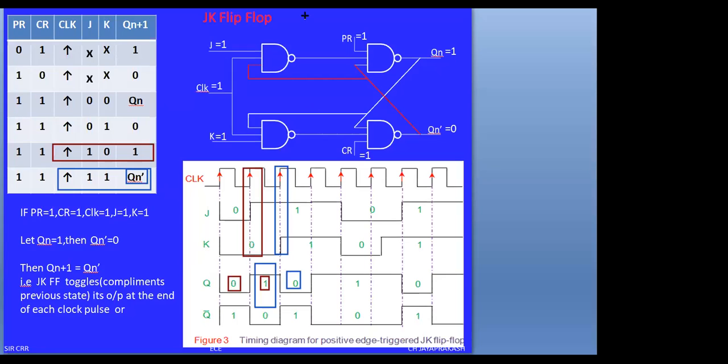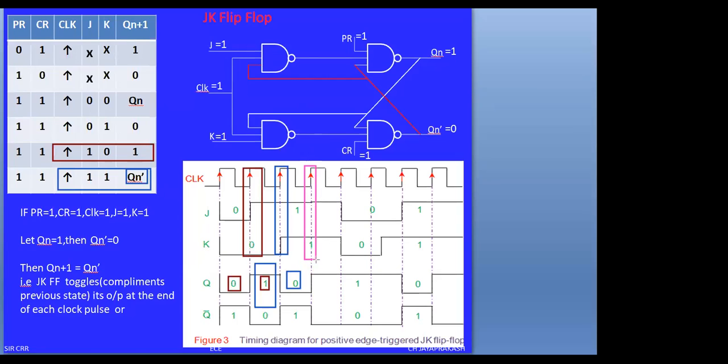Now again, if you observe the same condition for the fourth clock pulse, I am saying the fourth clock pulse, this clock pulse. During this interval, both J and K again have the same value.